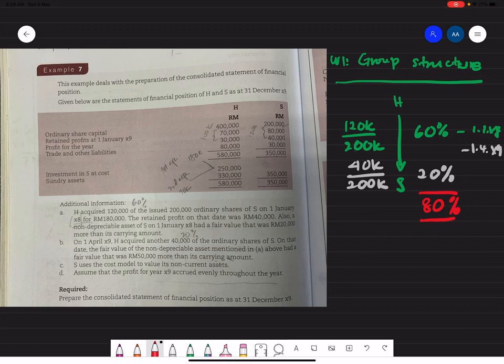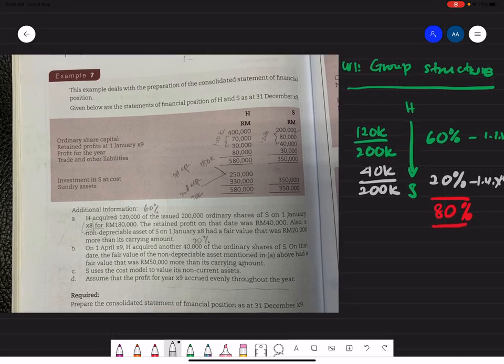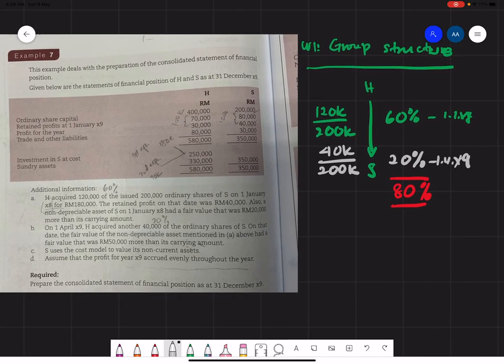So on 1st April X9, the control is increased. Remember what I said, goodwill is calculated when the control is achieved.